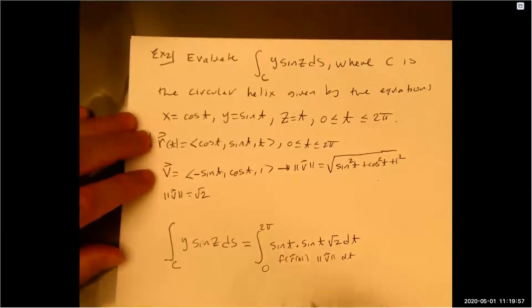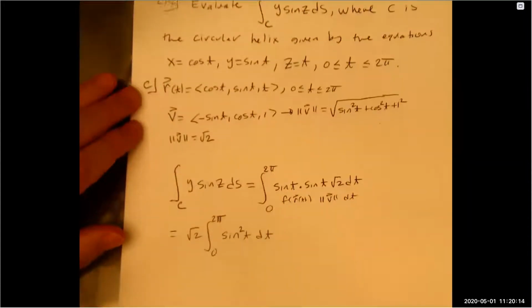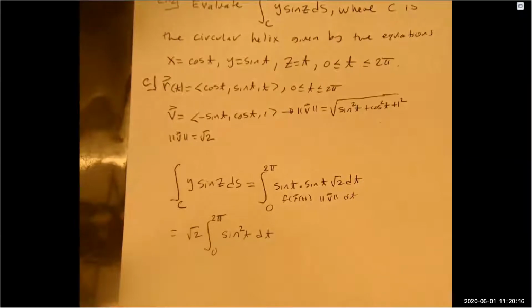All right, so we can pull out the root 2. And then we have 0 to 2 pi of sine squared t. And then how do we integrate something like that?